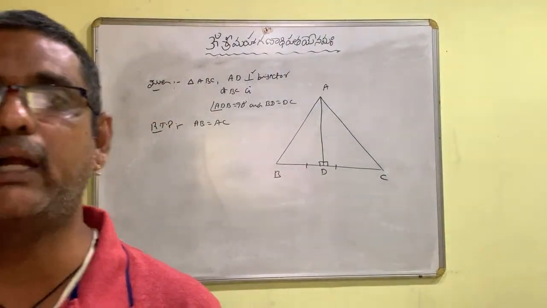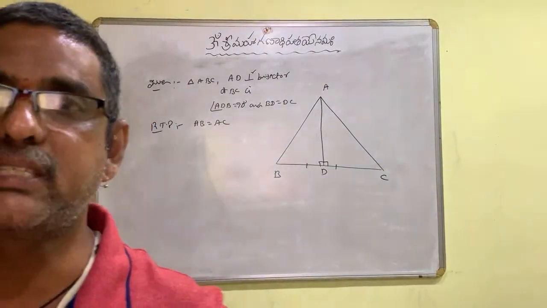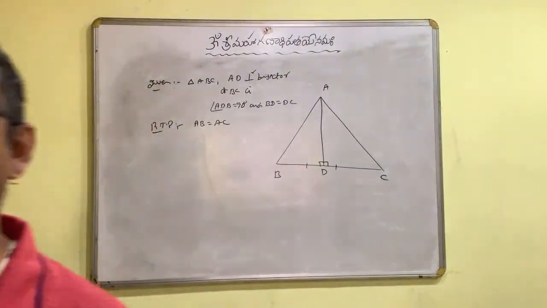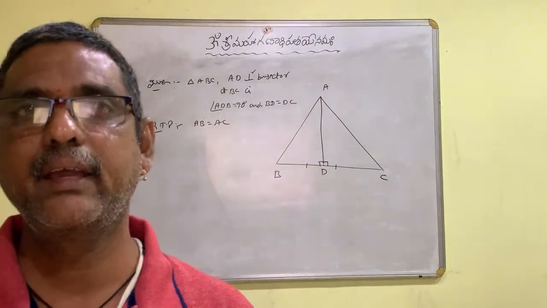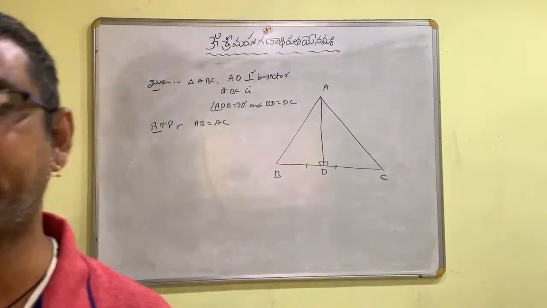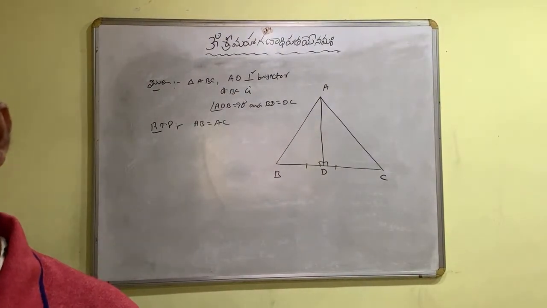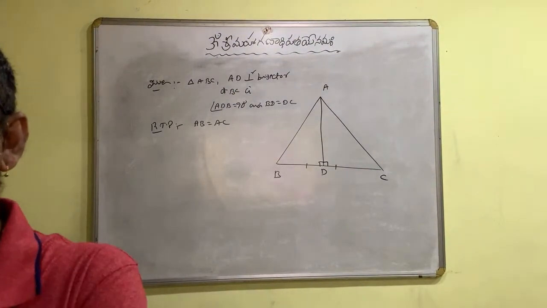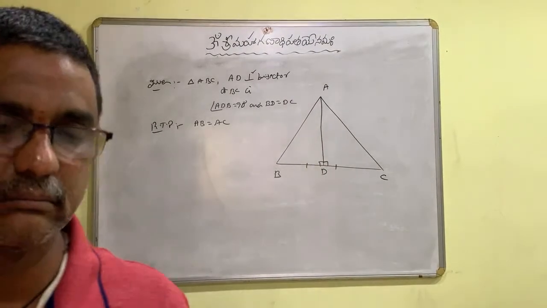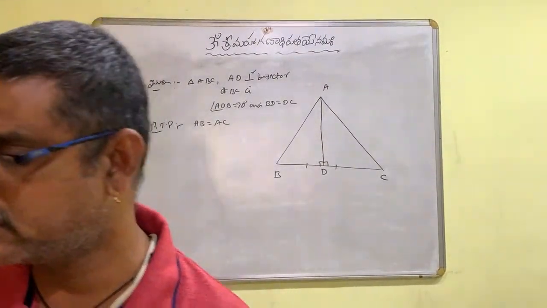Children, try to understand the problem. Triangle ABC, what is given? AD is the perpendicular bisector of BC. What do you mean by that? Angle ADB and angle ADC are 90 degrees. Not only that, BD is equal to DC. That is the meaning of it. Is that understood?